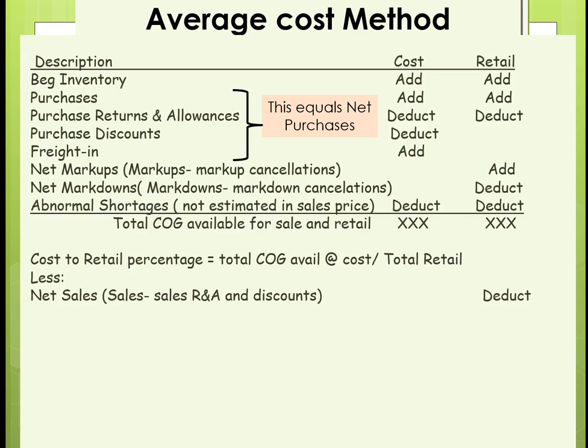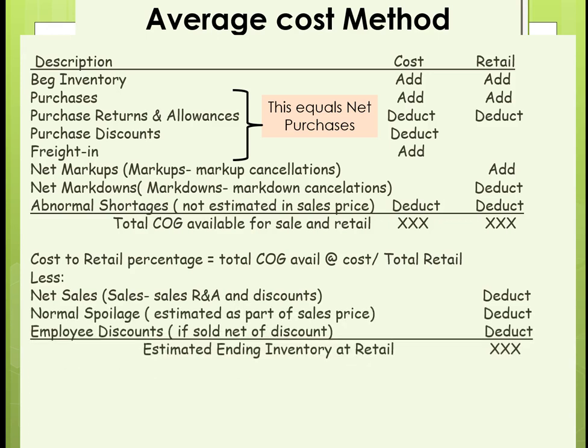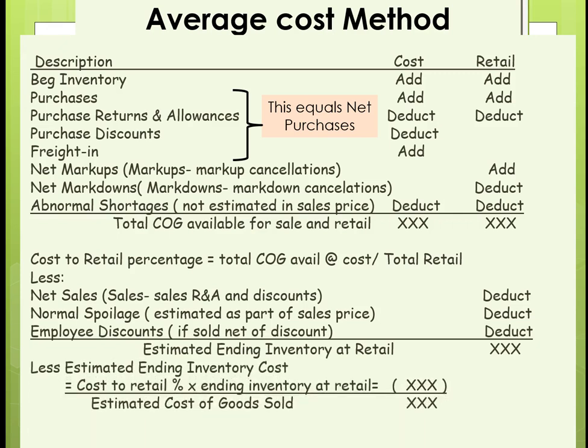Then you're going to take away net sales, normal spoilage, and employee discounts to get estimated ending inventory at retail. Take that times the percentage, and that's going to give you ending inventory at cost, which you then can subtract from total cost of goods available for sale so that you can estimate cost of goods sold.